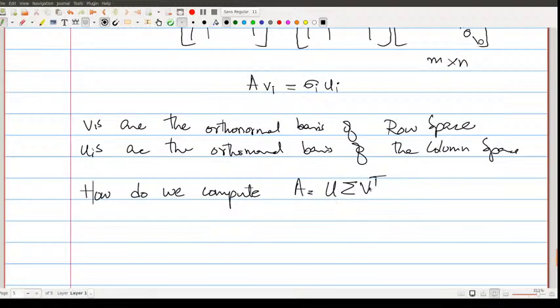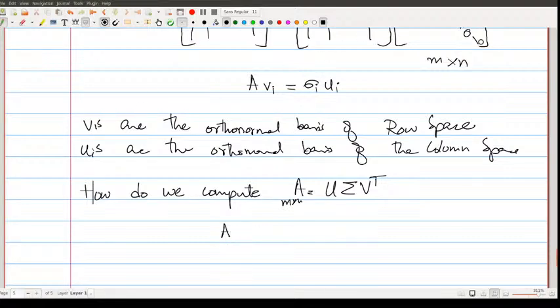This is 3 different matrices that we have to find, and there's no immediate way of seeing it because this is an m by n matrix. If I want to break down A into 3 different matrices, I can't see how I could go about doing that. But there is a nice little multiplication that I can do.